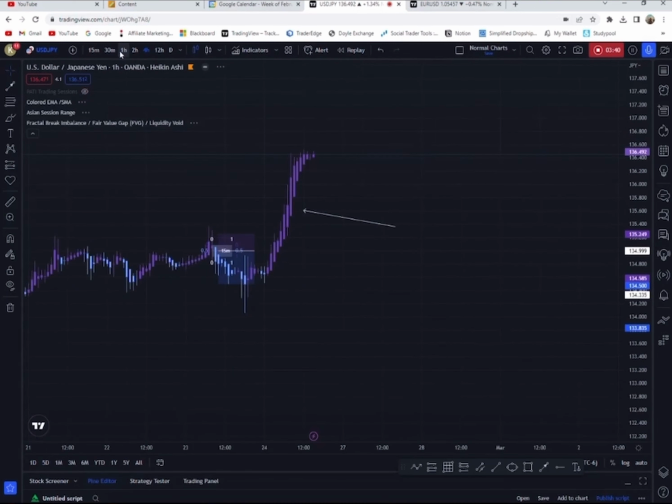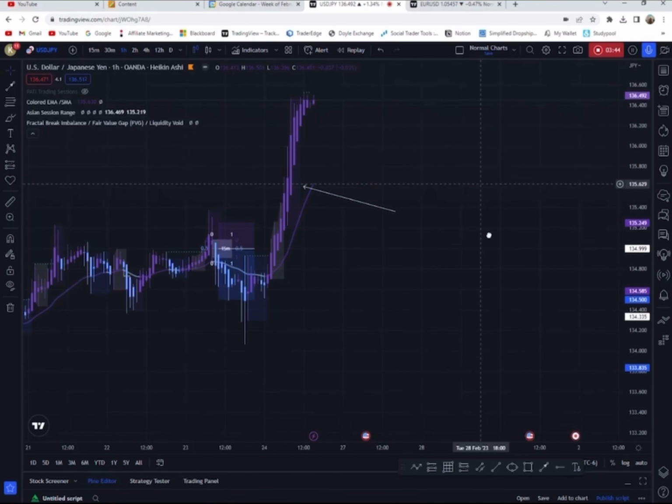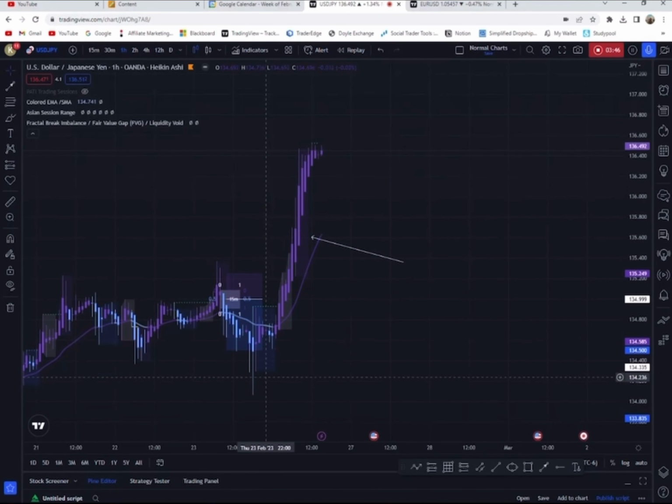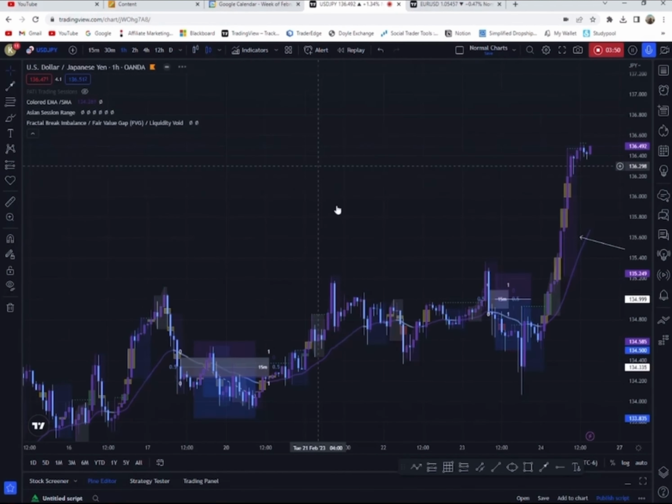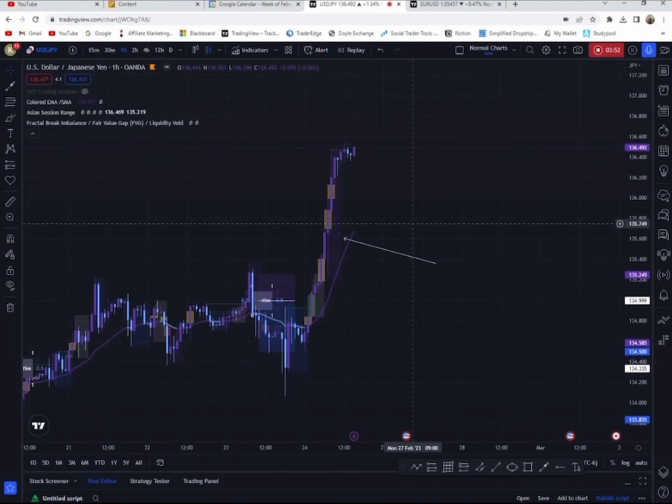We're above the moving average. We have a break of structure. We have multiple breaks of structure. And we have a bunch of fair value gaps or imbalances, as you see right here. So these could be possible entry zones right here.